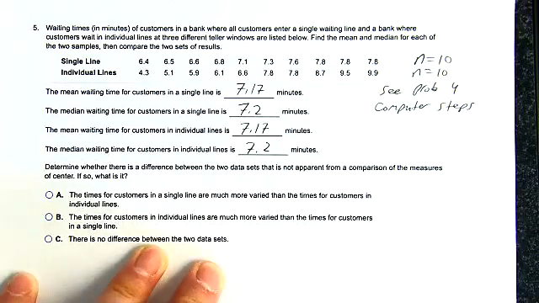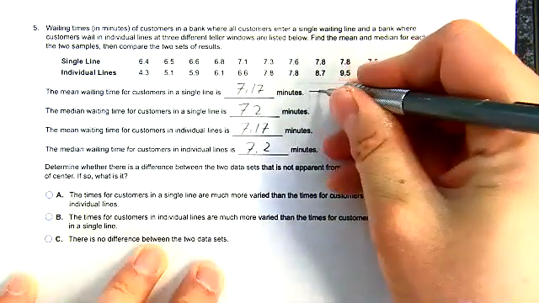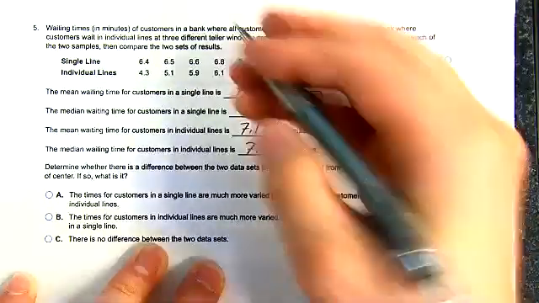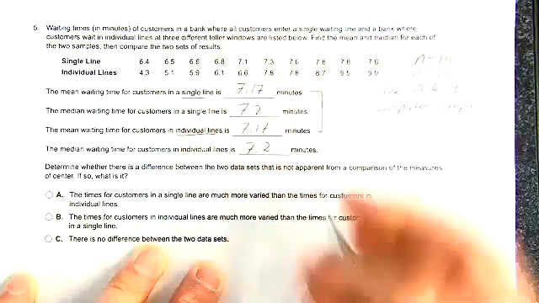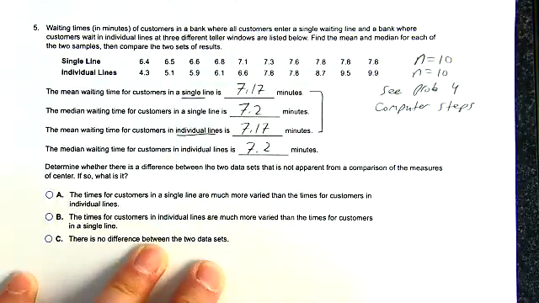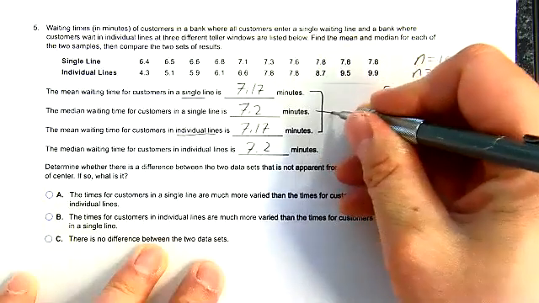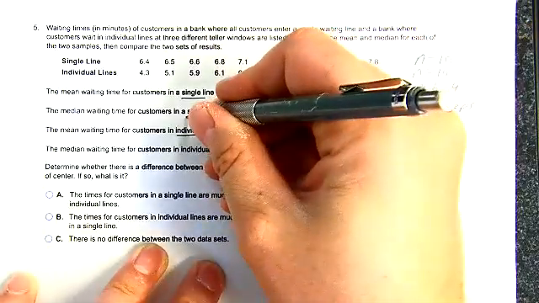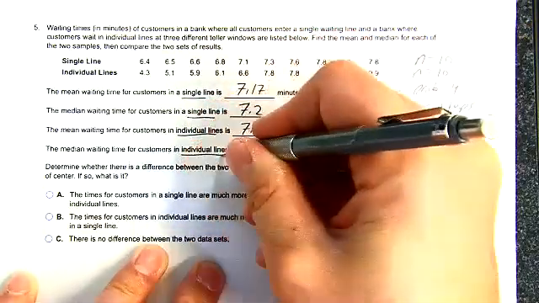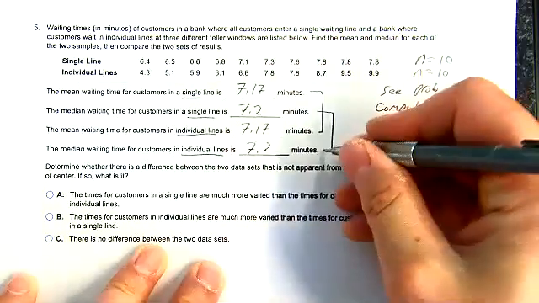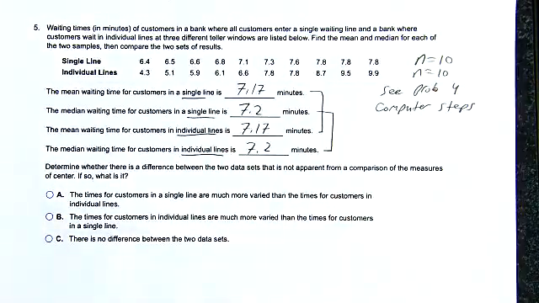Now, these numbers are connected: single line versus individual lines. And these two are connected because this is single line median versus individual line median. And what do you notice about these two sets of numbers? They're the exact same. So this says there's absolutely no difference in which line you pick.